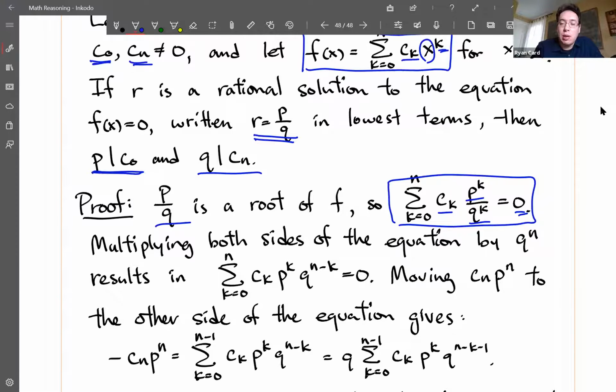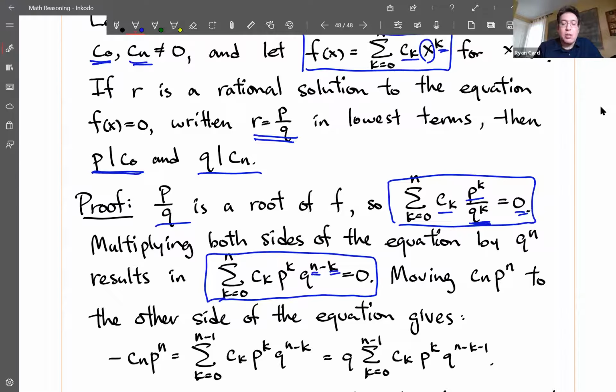But you can get rid of the denominator powers. So if you simplify, you'll get this equation here. You multiply by q to the n, but you're still dividing by q to the k, so you'll have a leftover power of q to the n minus k, where k is ranging from 0 to n.